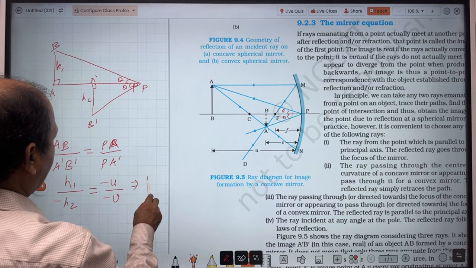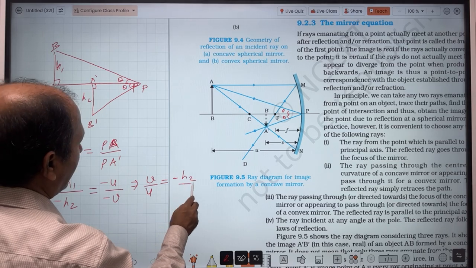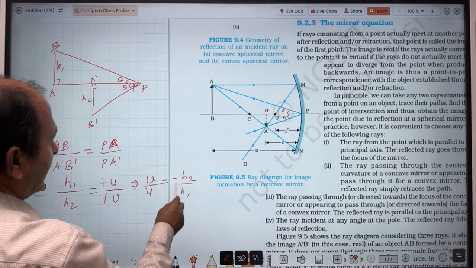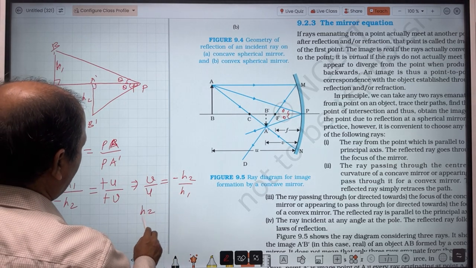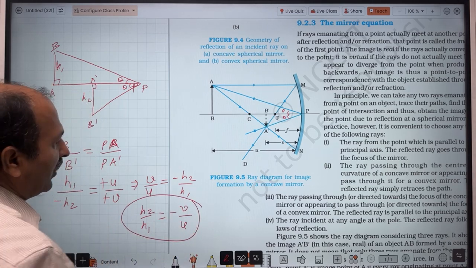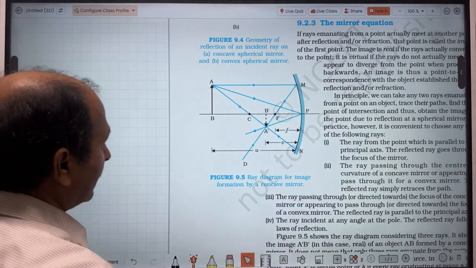If you write it, V upon U equal to minus H2 upon H1. It's clear. This will cancel out. Or if we want to find H2, we can write H2 upon H1 equal to minus V upon U. So this is the required formula that we will make use of.